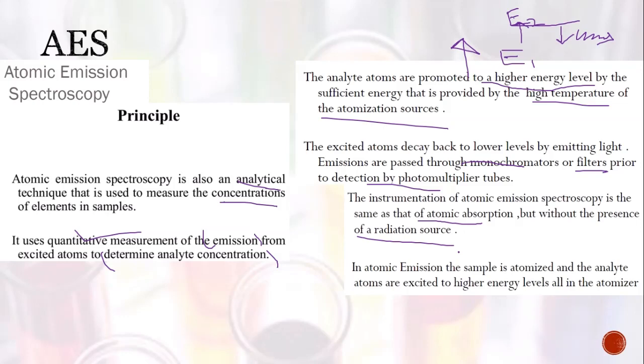In absorption, we were radiating, so that after radiation, the atoms that have been already atomized absorb the radiation, and through absorbing, going from a low energy level to a high energy level, we measure the concentration of our analyte.